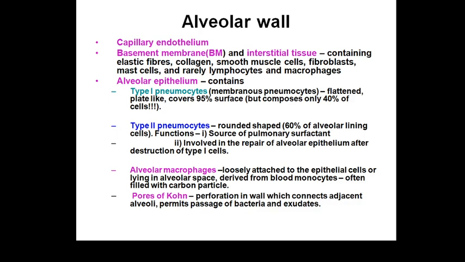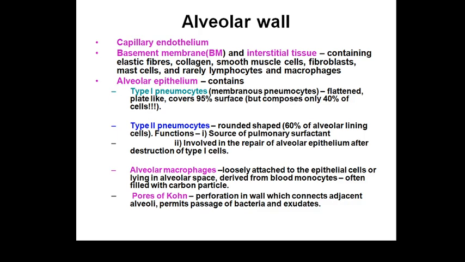After this capillary endothelium, there is the basement membrane and the surrounding interstitial tissue. Now, in the thinner portion of the alveolar septum, the basement membrane of the capillary endothelium and the basement membrane of the alveolar epithelial cells are fused, and there is no interstitial space in between.